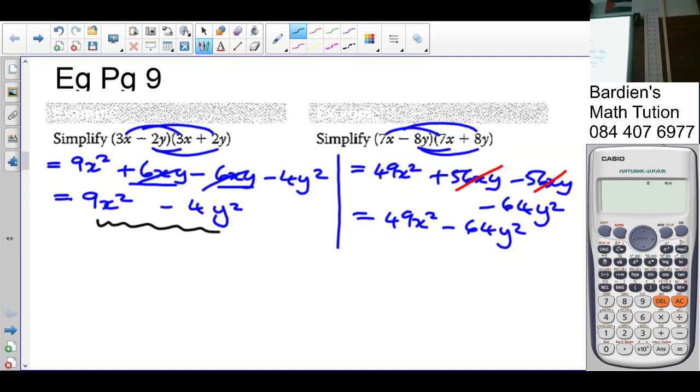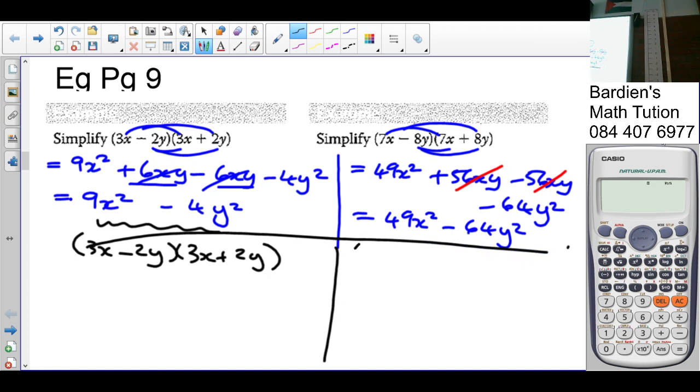Alright? So we say, okay, if you got 3x minus 2y and 3x plus 2y, what do you notice about these two? And we came to the conclusion that they are the same, except that in the bracket provided one is plus and the other is minus.